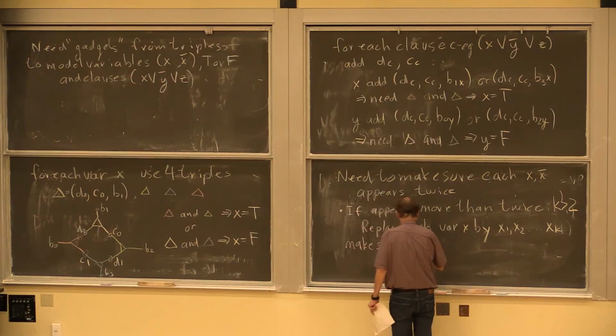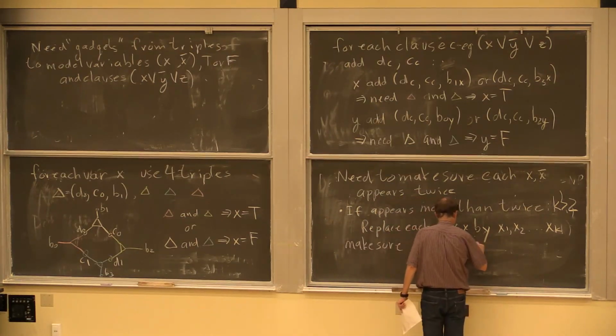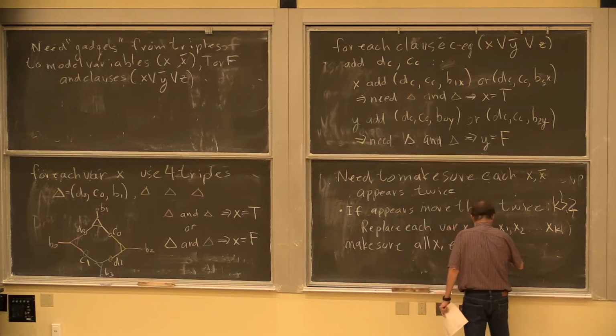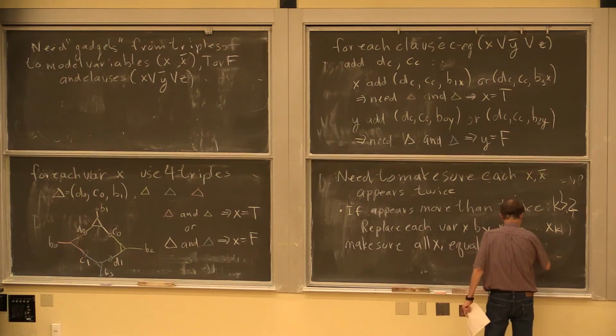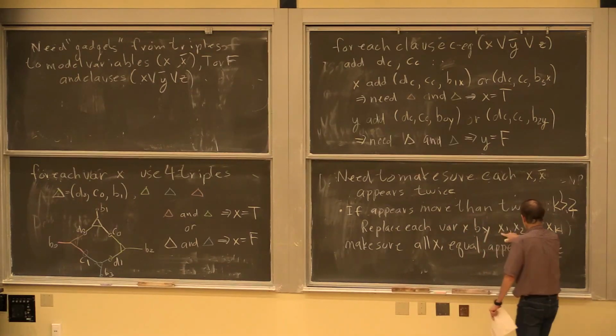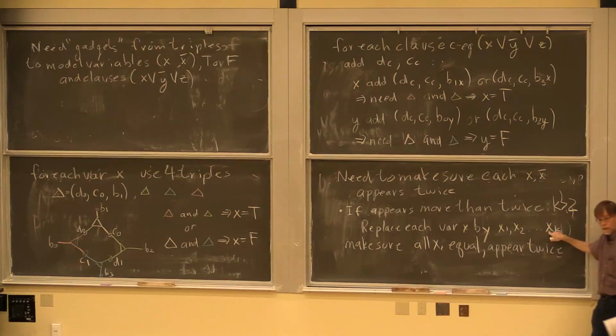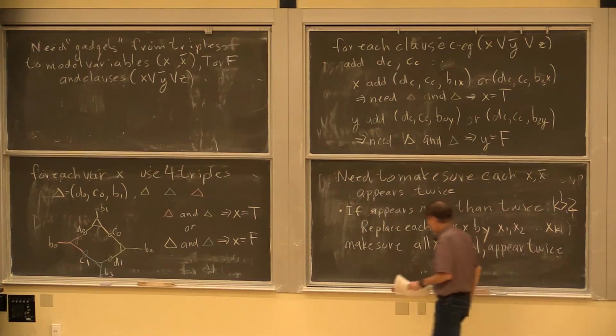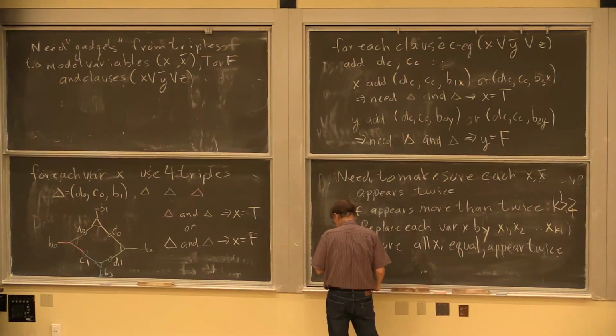Make sure all of these xi are equal, and they appear twice. Because once I do this replacement, each of these is a new variable that only appears once, and I want to make sure it appears twice. So here's the trick. I'm going to add this clause.